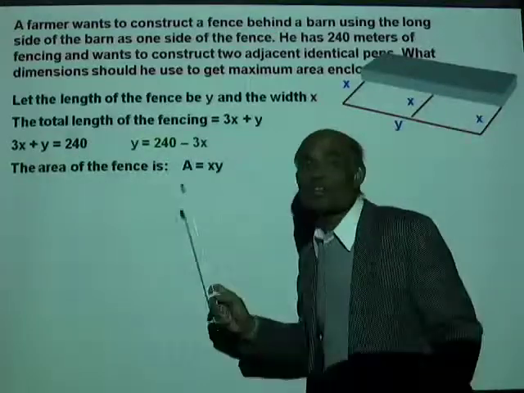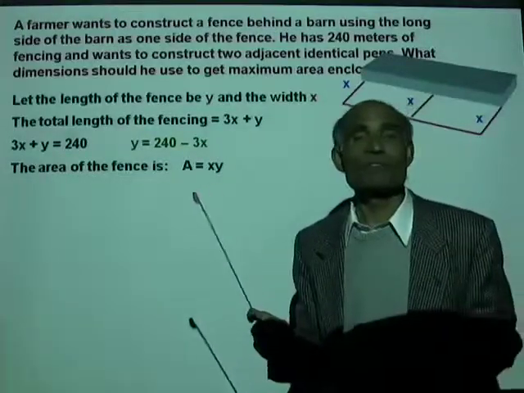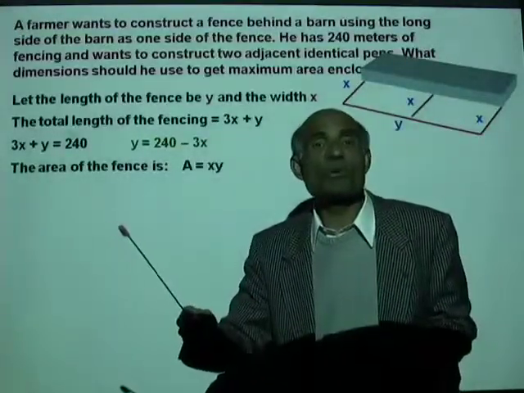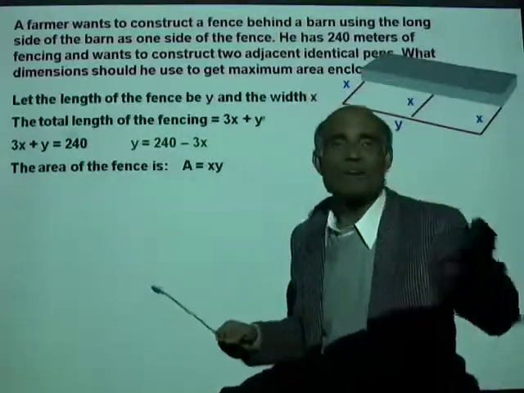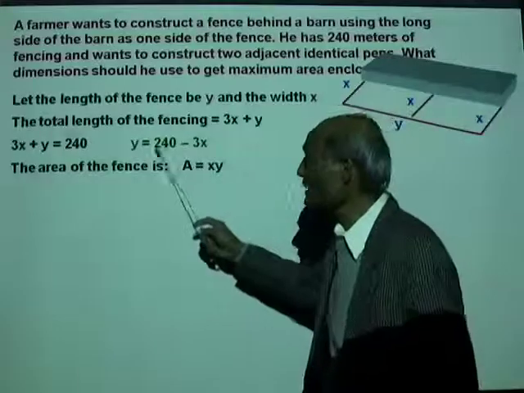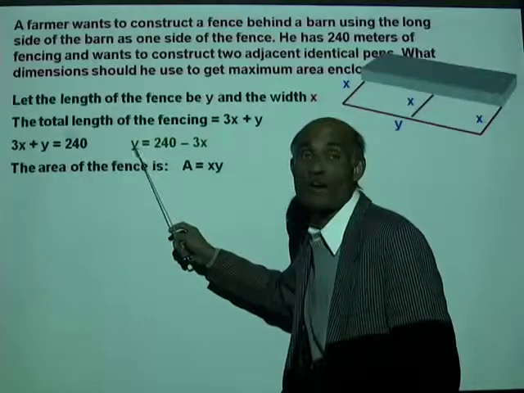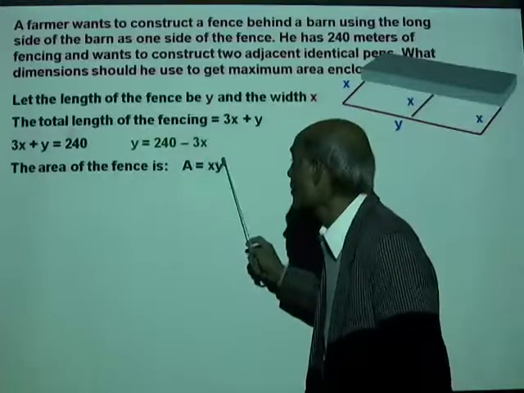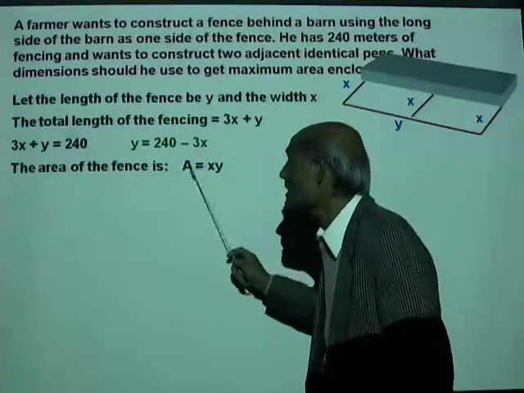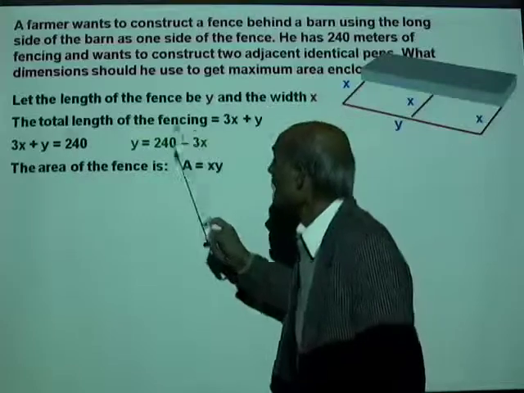But we cannot deal with two variables. We must eliminate one variable and write area as a function of just one variable. And that is where this information helps. You know that y equal to 240 minus 3x. So replace this y in the area equation by this.